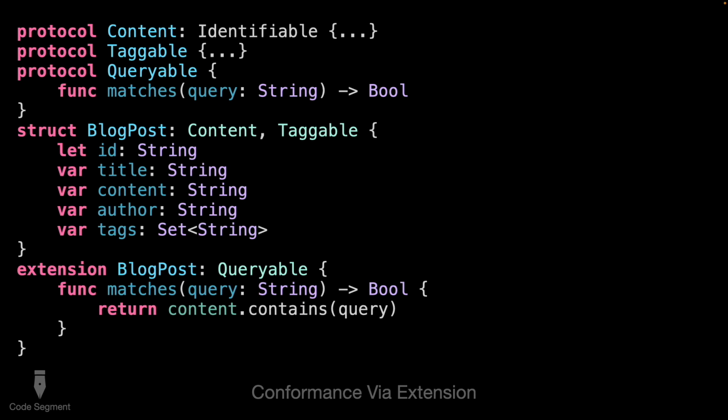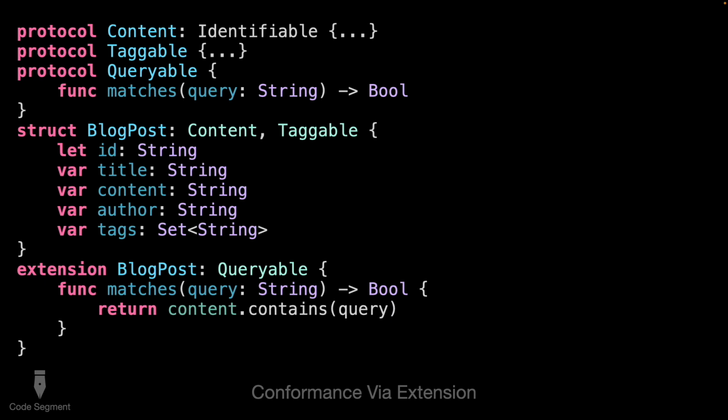So here now, what we've done is we've said, hey, we have an extension on blog post, okay? It adopts queryable, and then within that extension, we can create a function. All right, so you can adopt protocols in extensions, and this has implications that we're going to go into shortly for things that you can do with Apple's default types that they provide you, right?